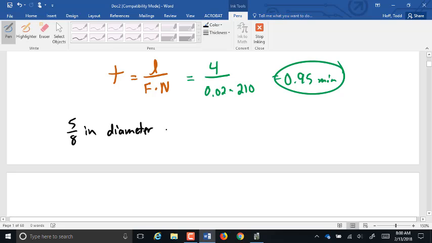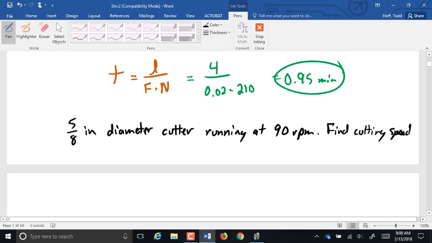Let's say we have a 5/8 inch diameter cutter running at 90 RPM. Find the cutting speed. I'm going to give you guys a second to try this.